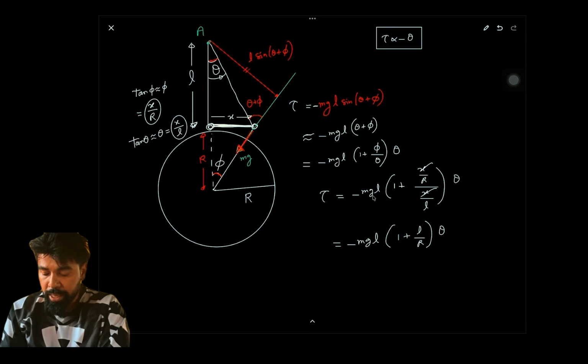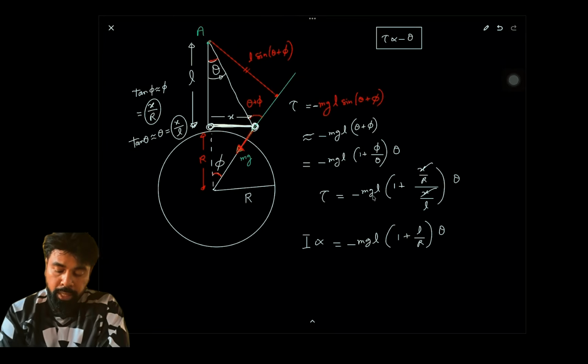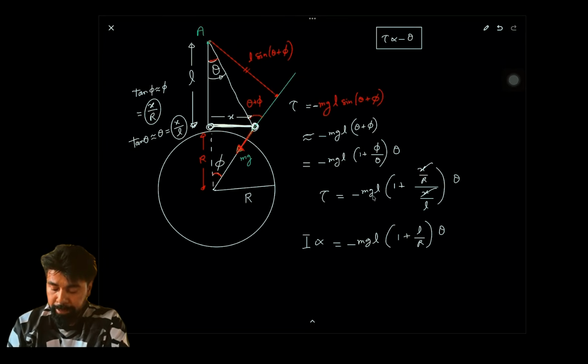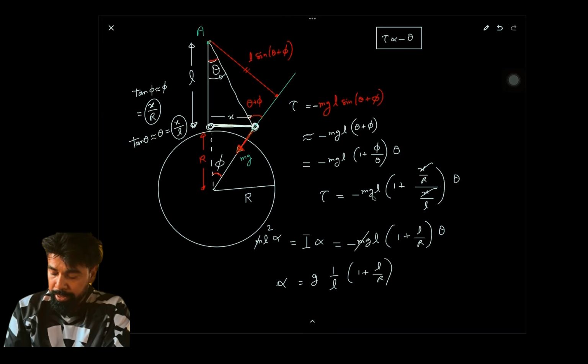Now, because this torque is unbalanced, we can write this torque as I alpha. What is the moment of inertia of the simple pendulum bob about the point A or point of suspension? Because the bob is a particle, we can assume I as mL squared. So we cancel the m and we get alpha equal to minus g into 1 by L into (1 plus L by r) into theta.